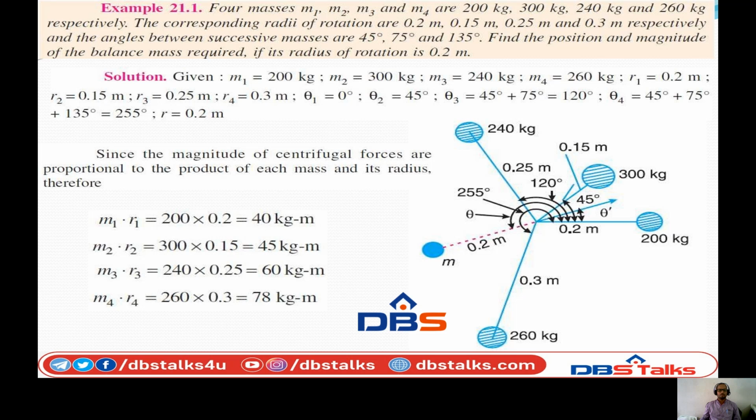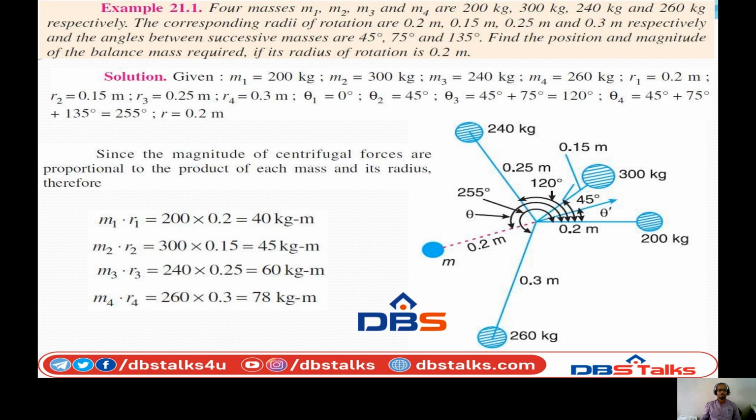Since we know the values of M and R, we can directly calculate the centrifugal forces. We know the formula for centrifugal force, that is M omega square R. But in all the cases the omega, that means the speed of rotation, is the same, so we can eliminate the omega value.